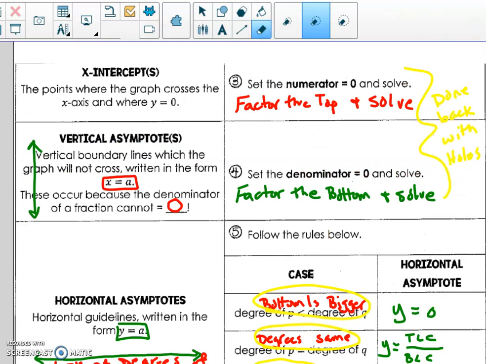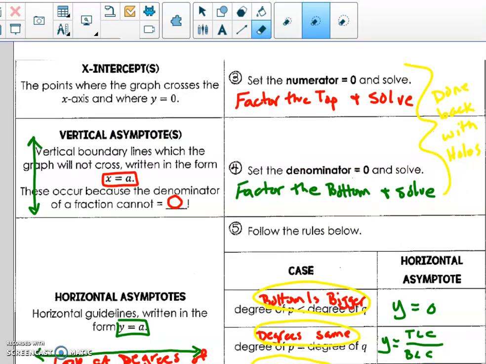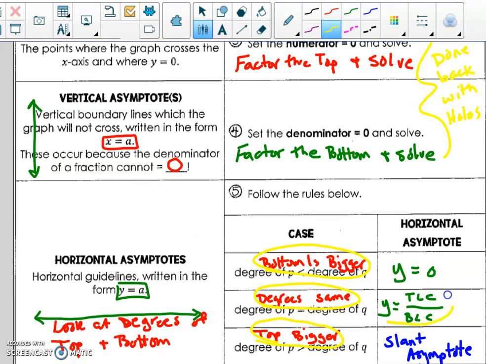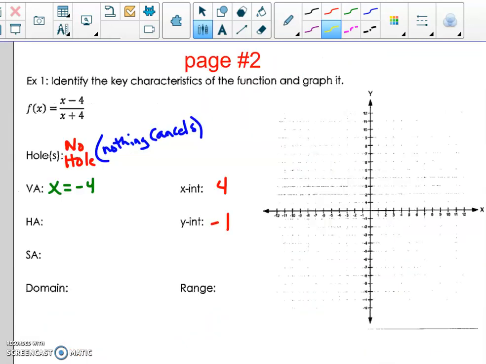If the degrees are the same, then we're going to divide the top leading coefficient by the bottom leading coefficient. Those leading coefficients are 1. So our horizontal asymptote is 1 divided by 1, which is 1.